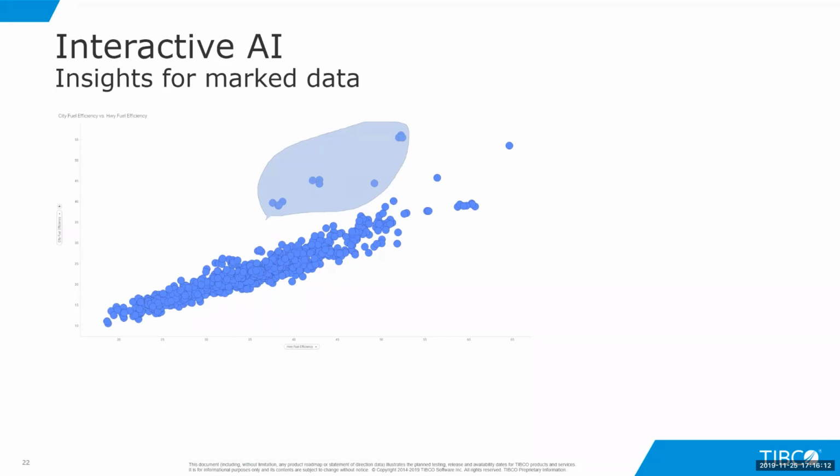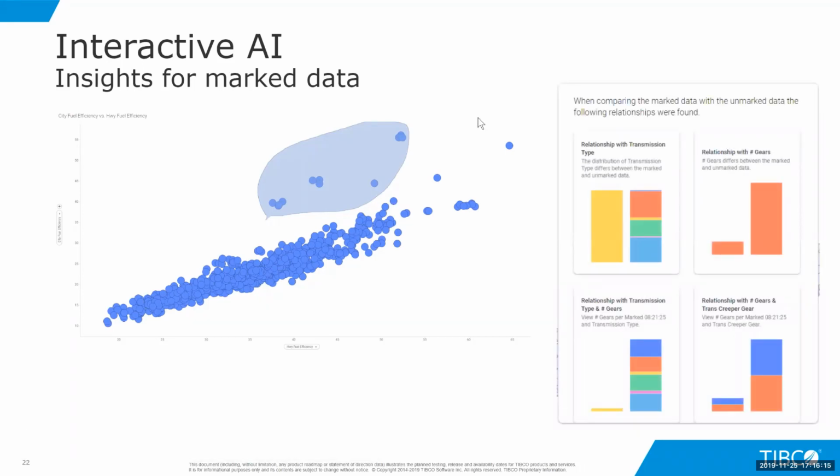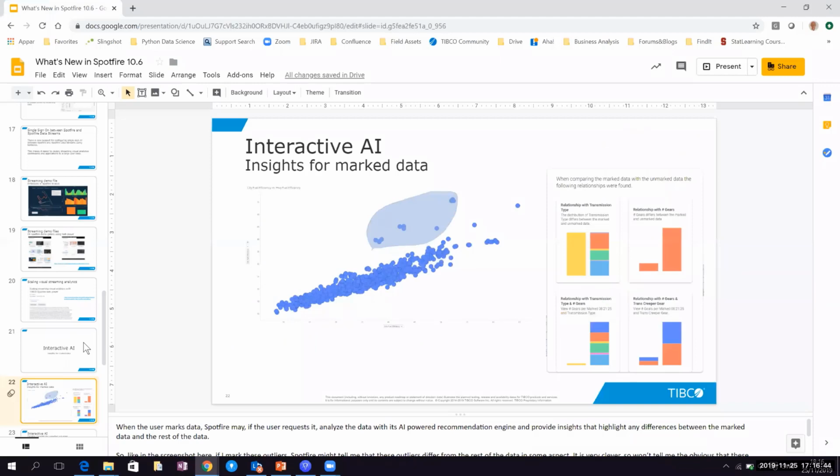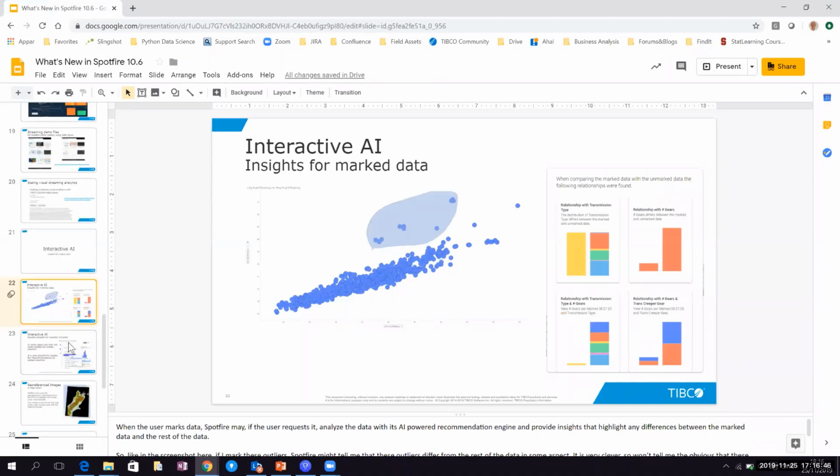Then the Insight Engine calculates the relationships between the marked data and the other parts of the data, and provides you insights that in many cases give you very good explanations or clues for what can explain the characteristics of the data that you marked. But the interactive AI feature looks best in a demo, I think.